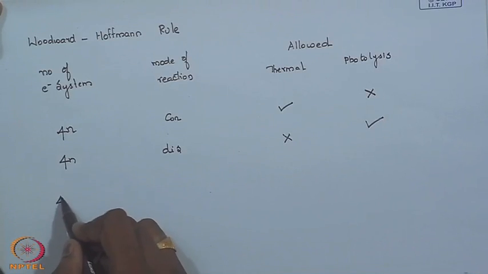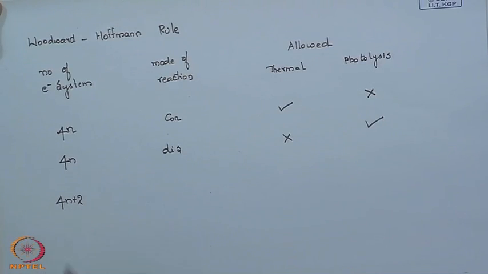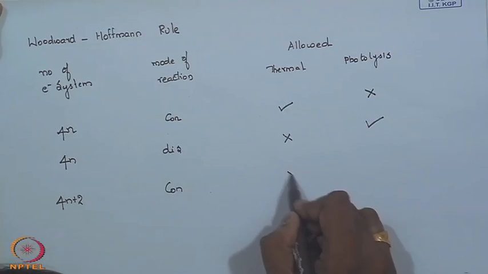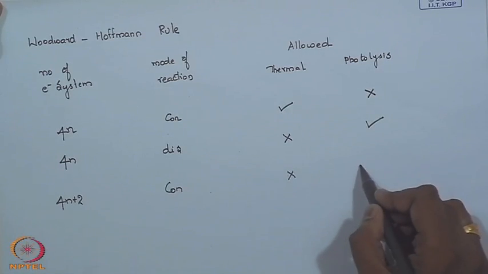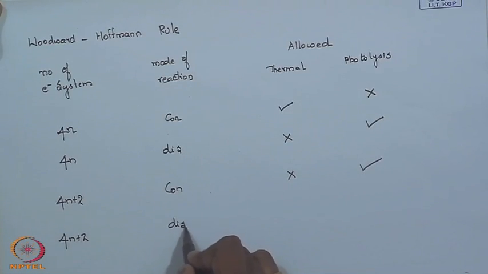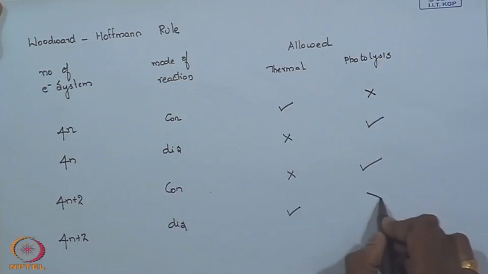If you go for a 4n plus 2 system, it is just the reverse. So, for con, thermally it is not allowed and under photolysis it is allowed. For a 4n plus 2 system, for dis mode, it is the other way round.